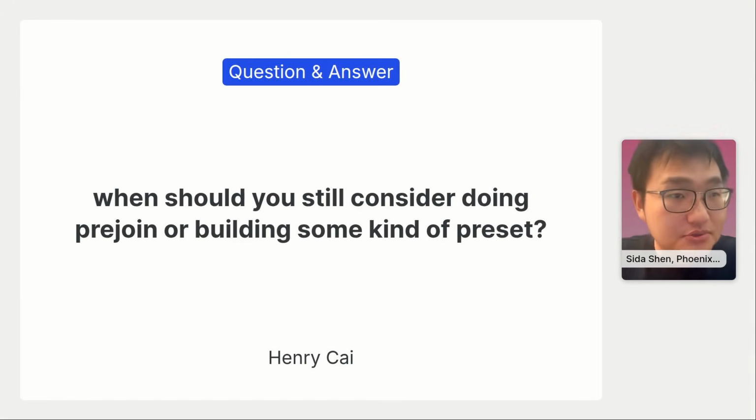When should you still consider doing pre-join or building some kind of preset? In our opinion, you don't have to most of the time. Even if you do it, use your database's own functionality, like materialized views. I guess it's a tough question.